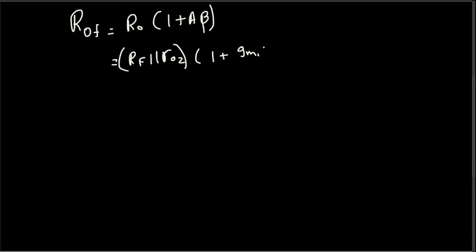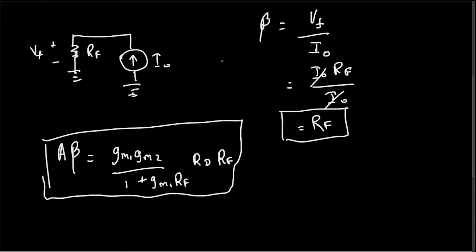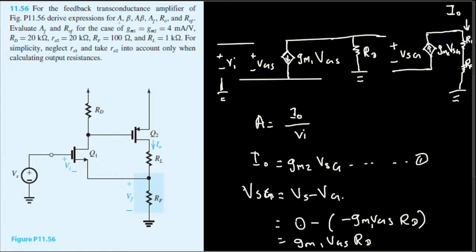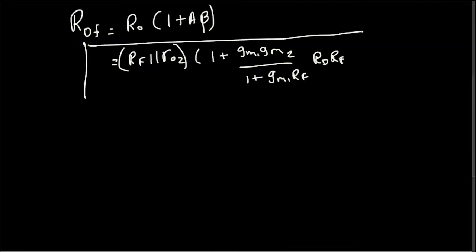Okay, wait a minute, it is 1 plus gm1 times RF times RD times RF. This is gm2 right here. Okay, this is the expression for the ROF. And finally, we did all of them. We found the expressions for A beta, AF, RO, and ROF. So that is the first part of the question.